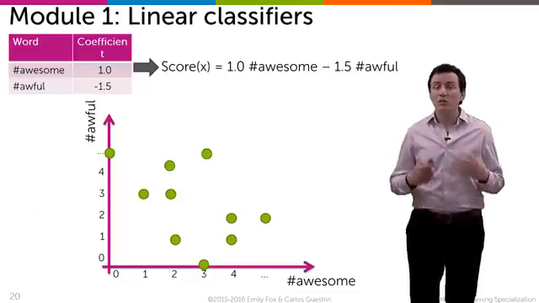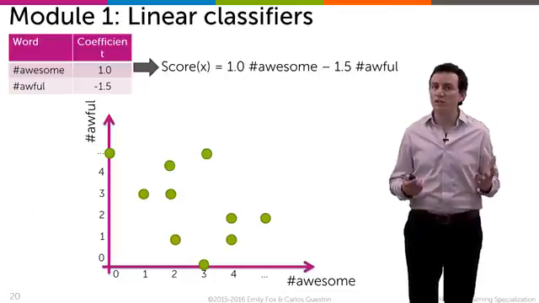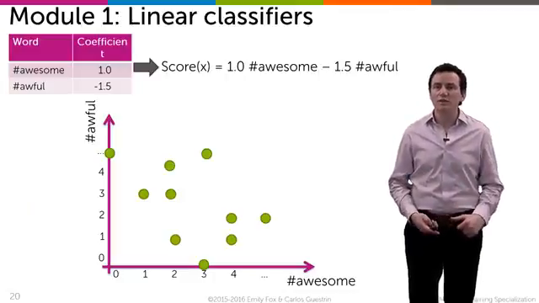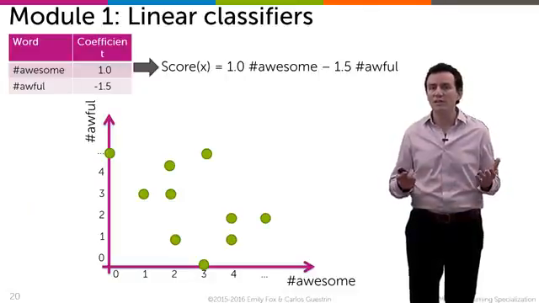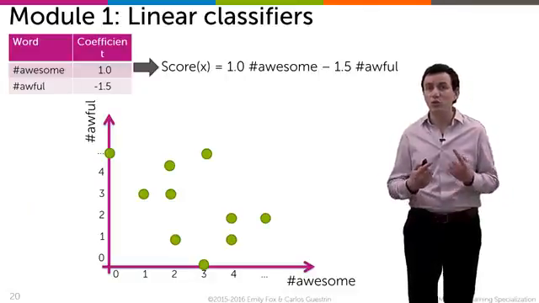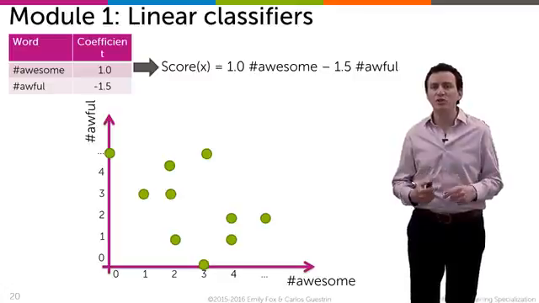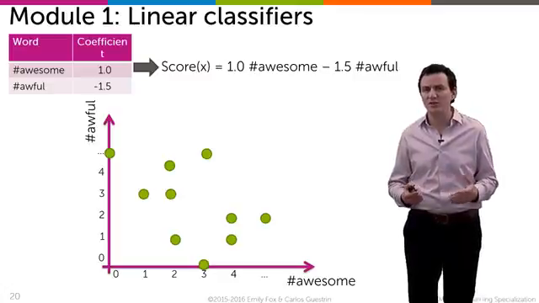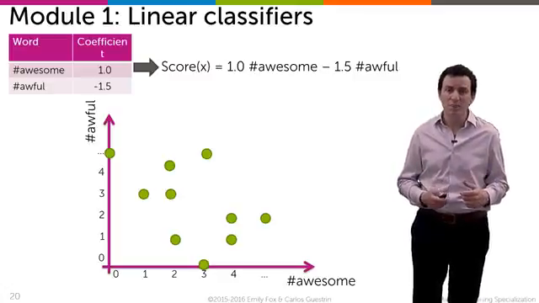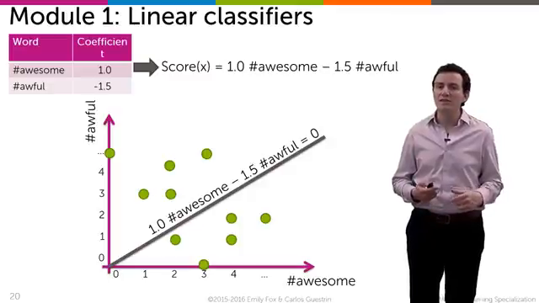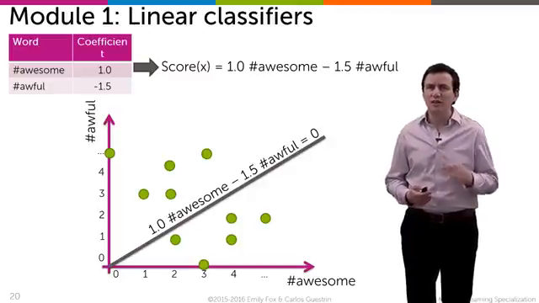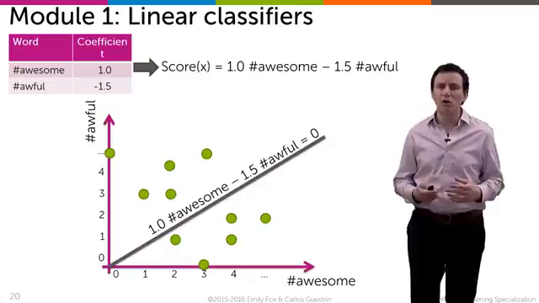So in particular, we're going to start with linear classifiers, and we discussed those in the first course. So, for example, in a sentiment analysis case, we have 2 words that I care about: the number of times the word awful appears in the review and the number of times the word awesome appears in the review. And the linear classifier might say that every awesome is worth 1, every awful is worth minus 1.5.